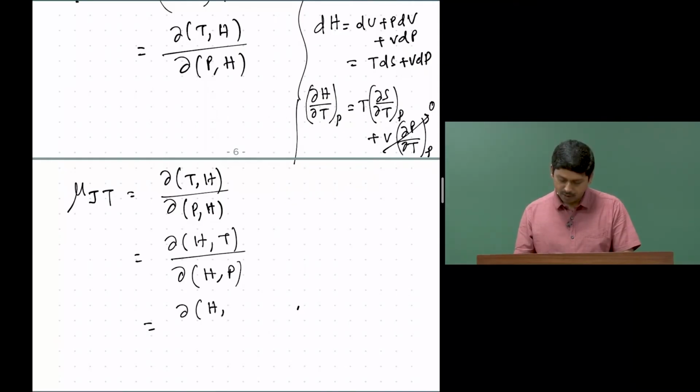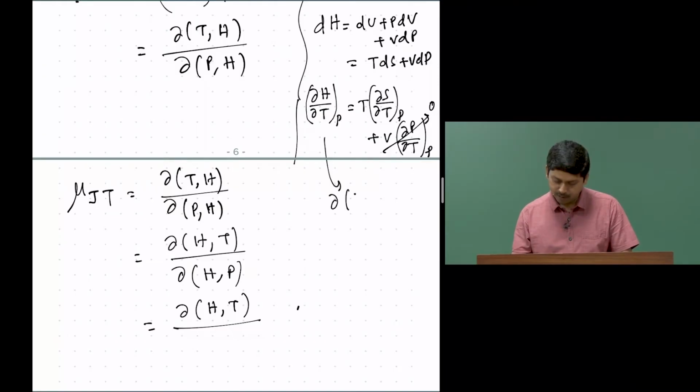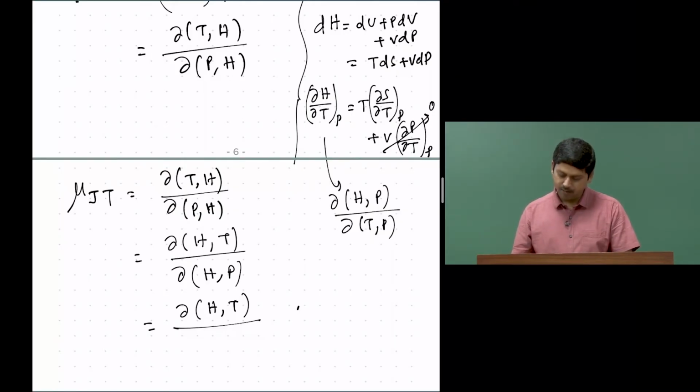So, we can do this del H T, and we need it with respect to temperature held at constant pressure. So, that means we need del H P by del T P. H P is here for sure, T P is not here.